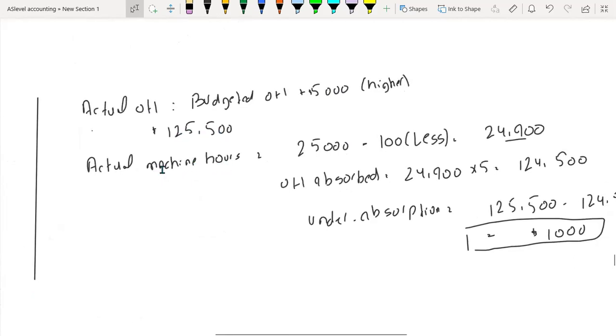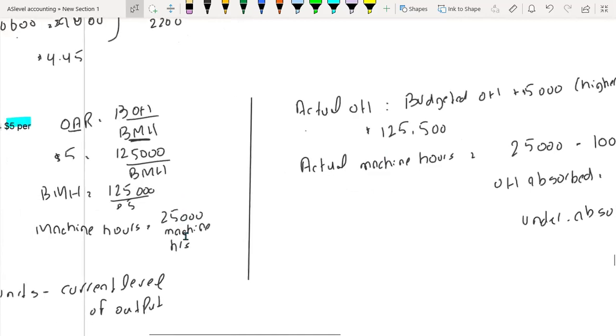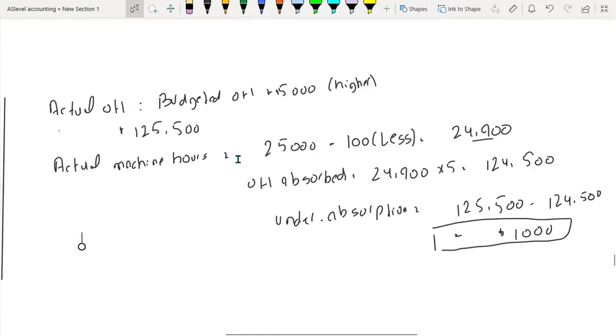And if we want to find out our actual machine hours, we know that our budget machine hours was 25,000, which we just found here. So actual machine hours in option A is less by 100. If you decrease it by 100, we will have our actual machine hours, which is 24,900. So now we are going to find out the overhead absorbed, because we don't know the answer of the overhead absorbed.